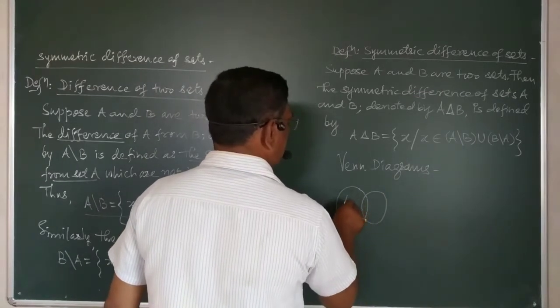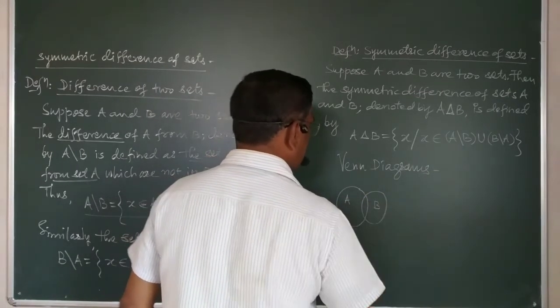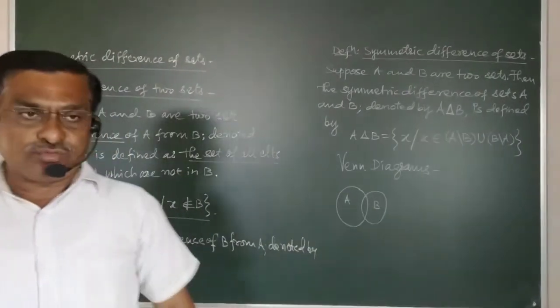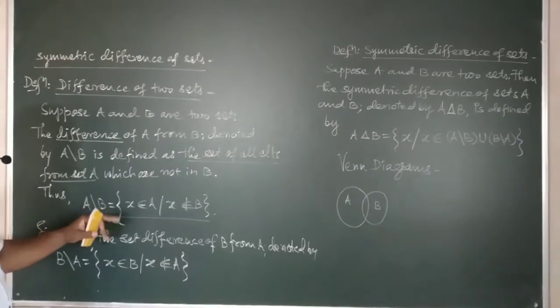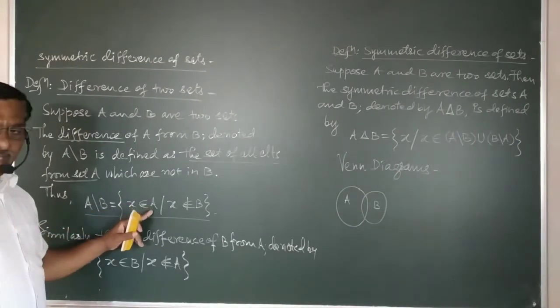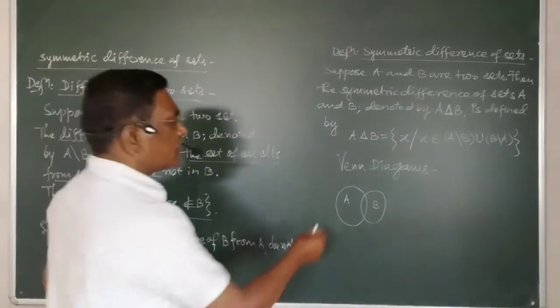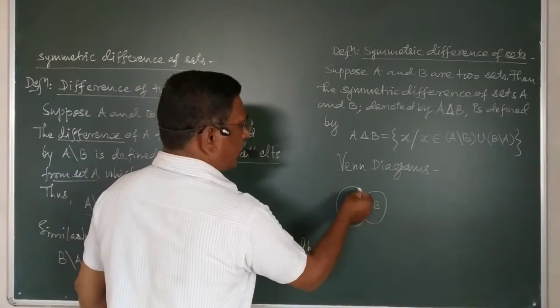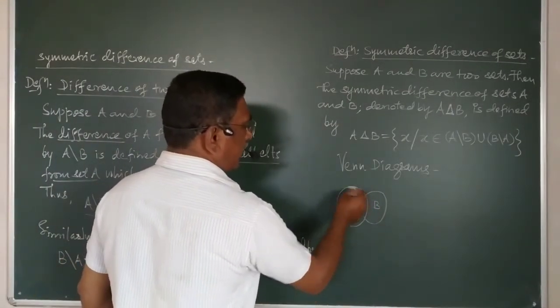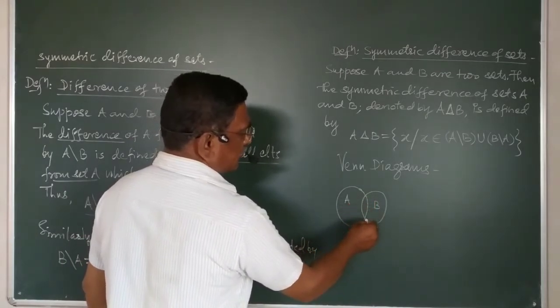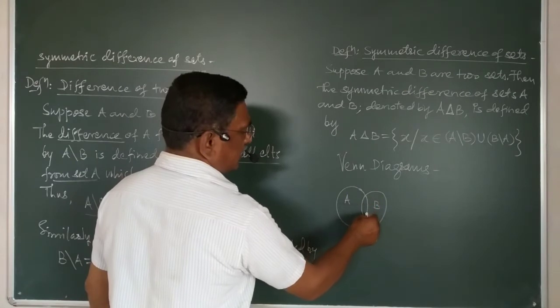This is my A and this is my B. Now, what I want is the set of all elements belonging to A, but the set of all elements not belonging to B. If I take all the elements belonging to set A, then you will find that this is the part.